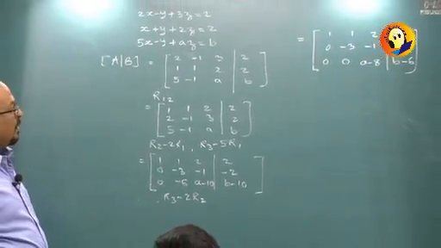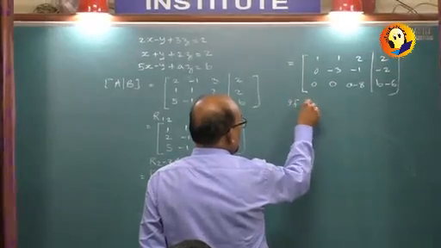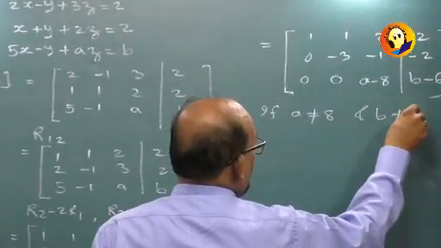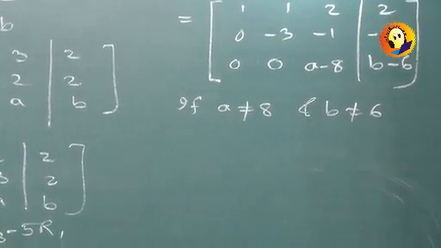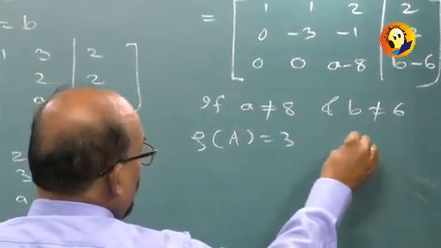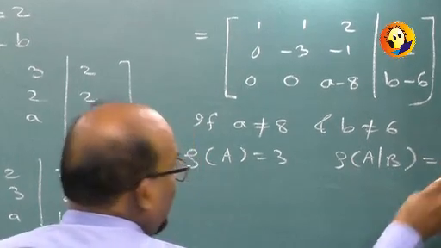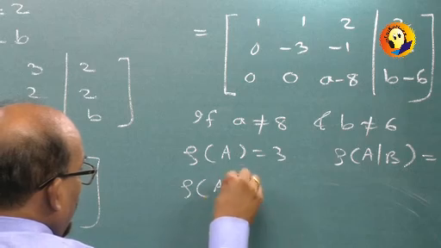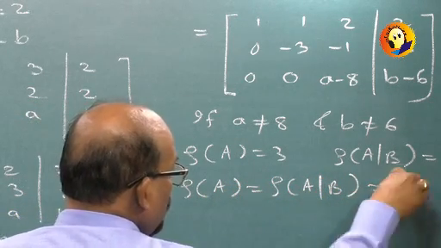Now see, if a is not equal to 8 and b is not equal to 6, then rank of A will be 3. Rank of AB will also be 3. And therefore rank of A equals rank of AB equals number of unknowns n.